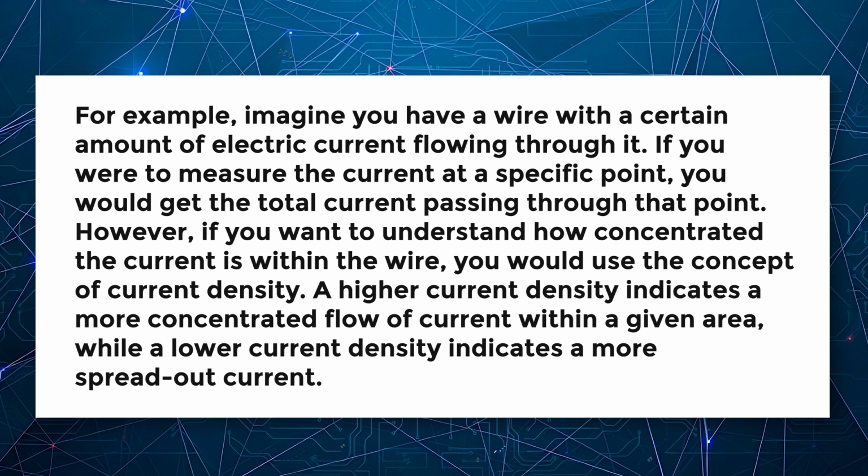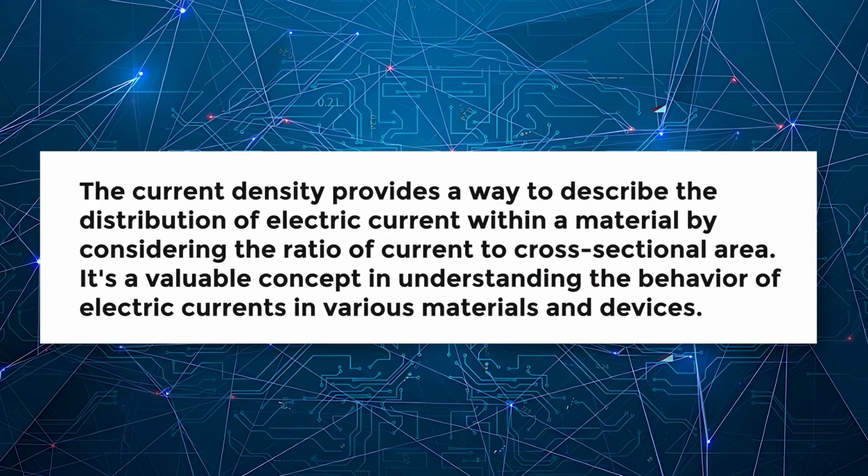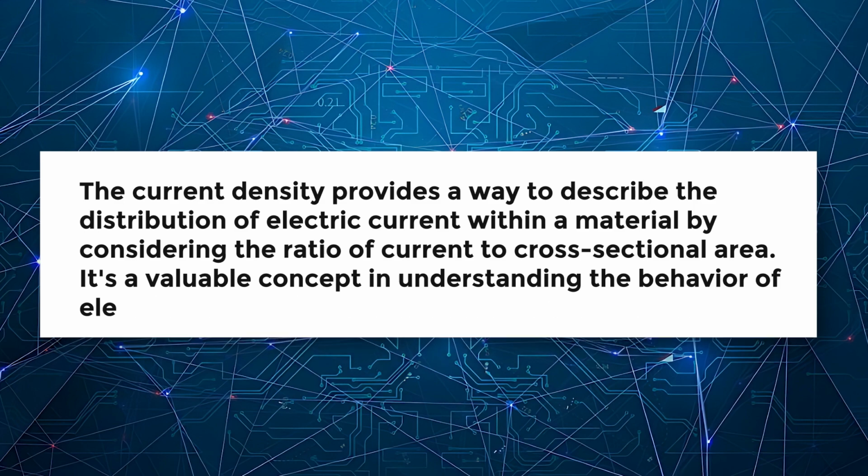A higher current density indicates a more concentrated flow of current within a given area, while a lower current density indicates more spread out current. Current density provides a way to describe the distribution of electric current within a material, considering the ratio of current to cross-section area. It is a valuable concept in understanding the behavior of electric current in various materials and devices.